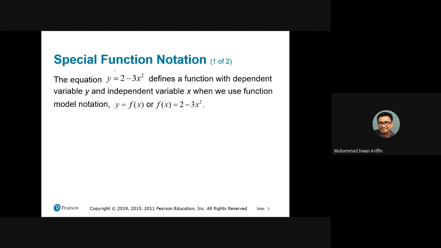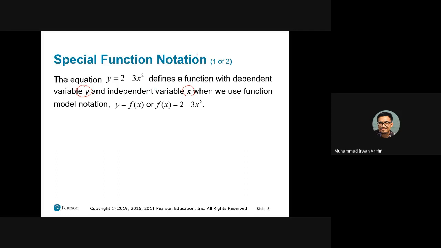This is the usual notation of a function that is given to us, where we have the dependent variable y. So y is our dependent variable, or output, and x is our input or independent variable.